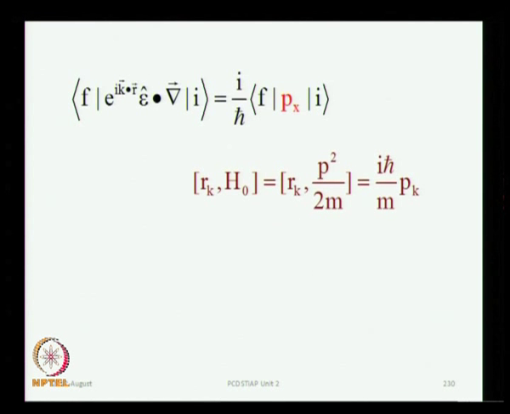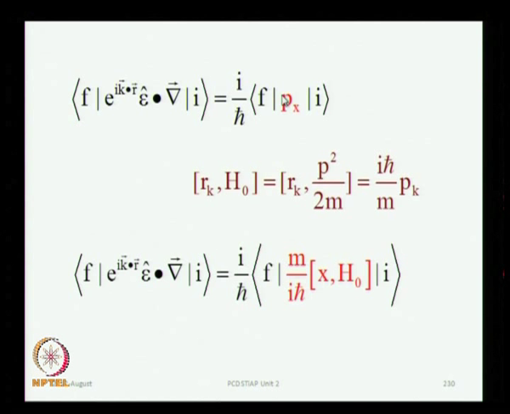The matrix element of the momentum operator here can be written equivalently as the matrix element of XH minus HX.